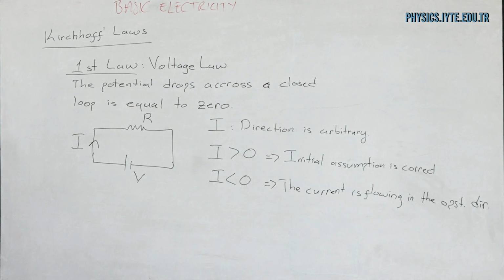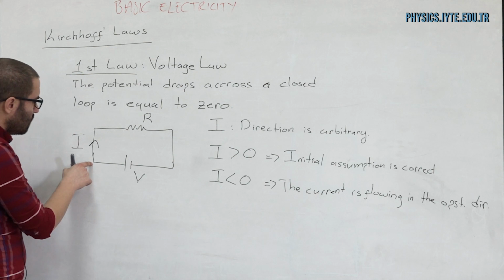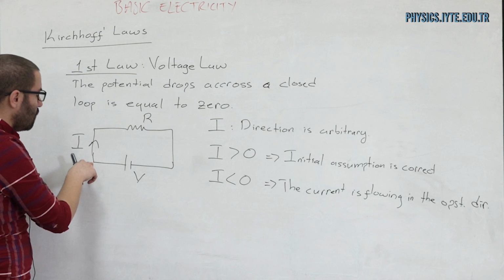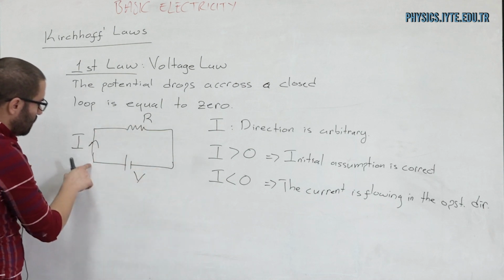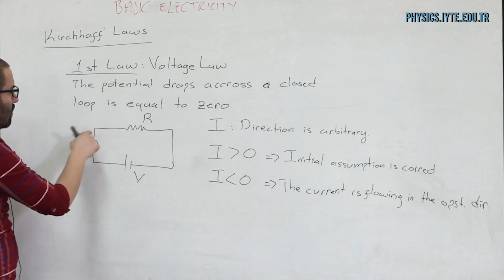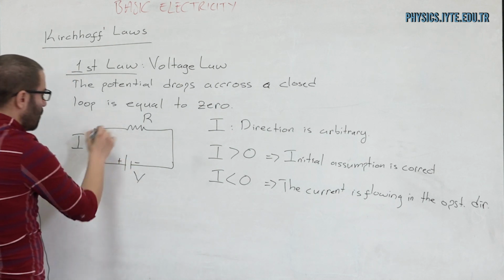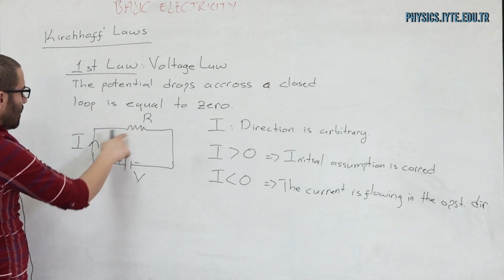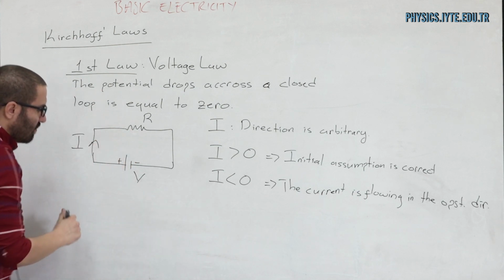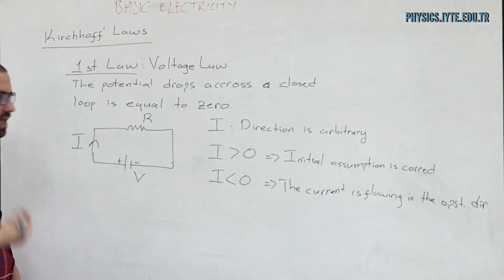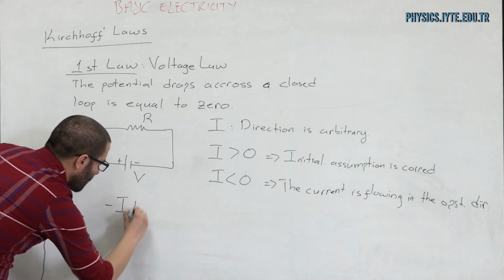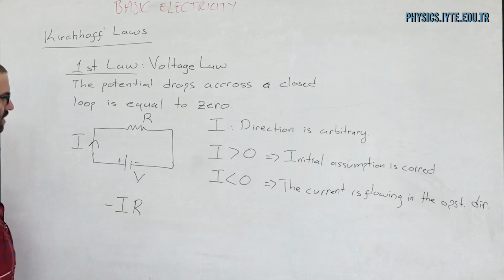Now let's apply Kirchhoff's first law to this circuit. I'm going to start from this point and then move clockwise and then come back to this point. Now, if I start from here, I come to this resistance. Now I am moving in the direction of the current, which means that I am going to have a potential drop, meaning I am going to have I times R with a minus sign.